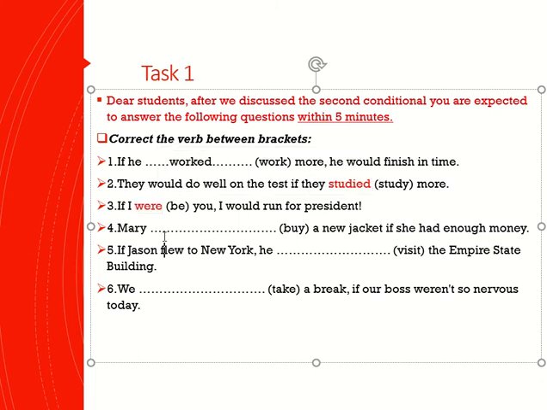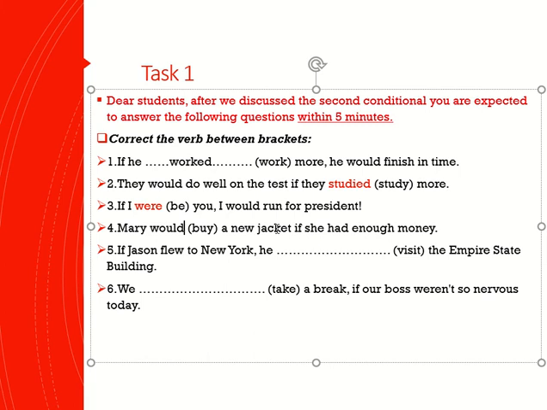4. Mary space buy a new jacket if she had enough money. Here we have if in the middle, and we have simple past had, the simple past of have. So what do we have to put in this part? Yes, we have to put would or could or might.